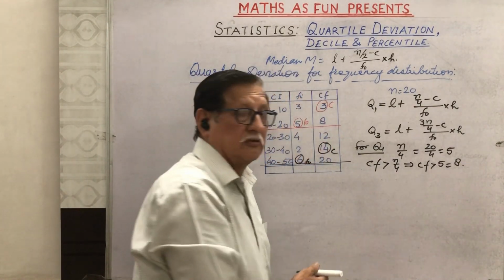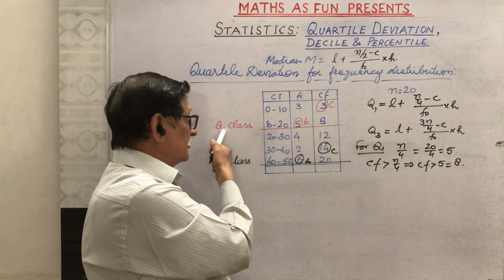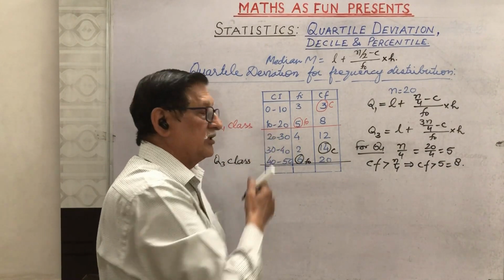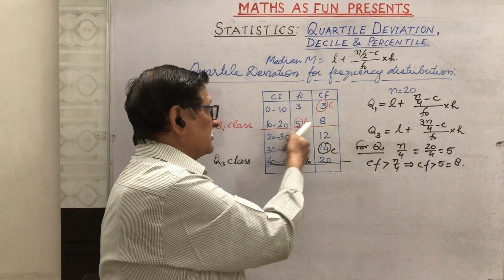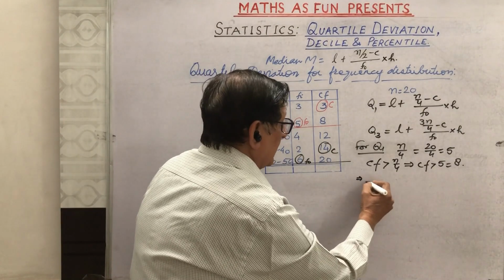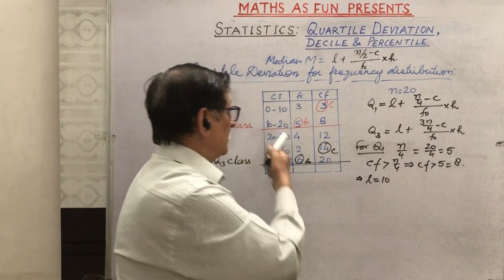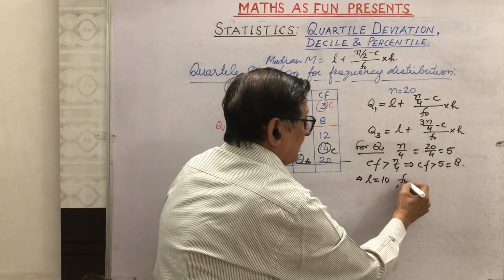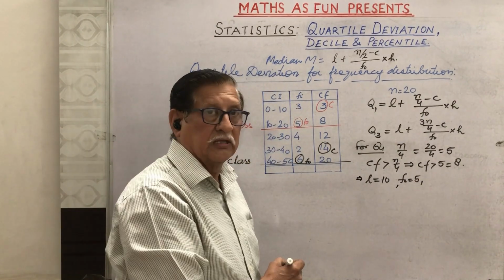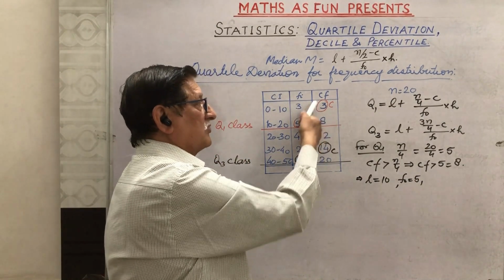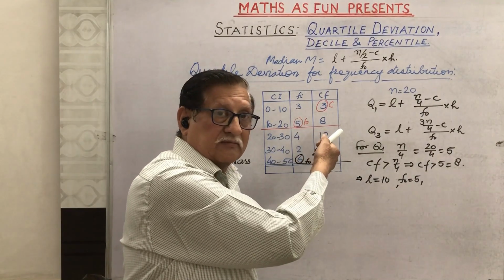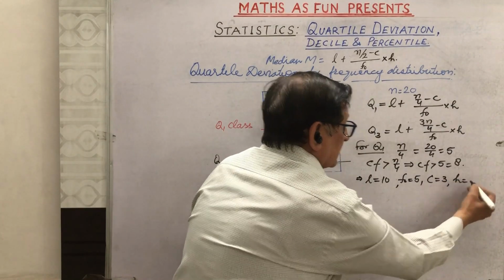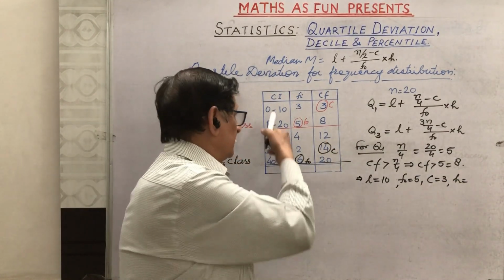It means this is giving us the quartile 1 class, the first quartile class, that is 10 to 20. And here L is 10, the lower limit of this class. Frequency of this class, f0, is 5. C, the cumulative frequency of the preceding class, is 3, so C will be 3, and h is the class interval, that is here 10.